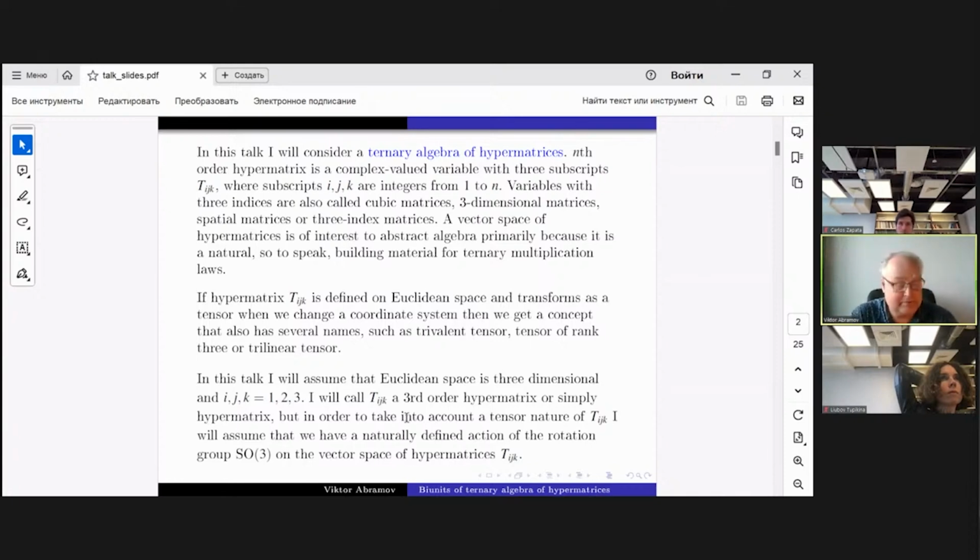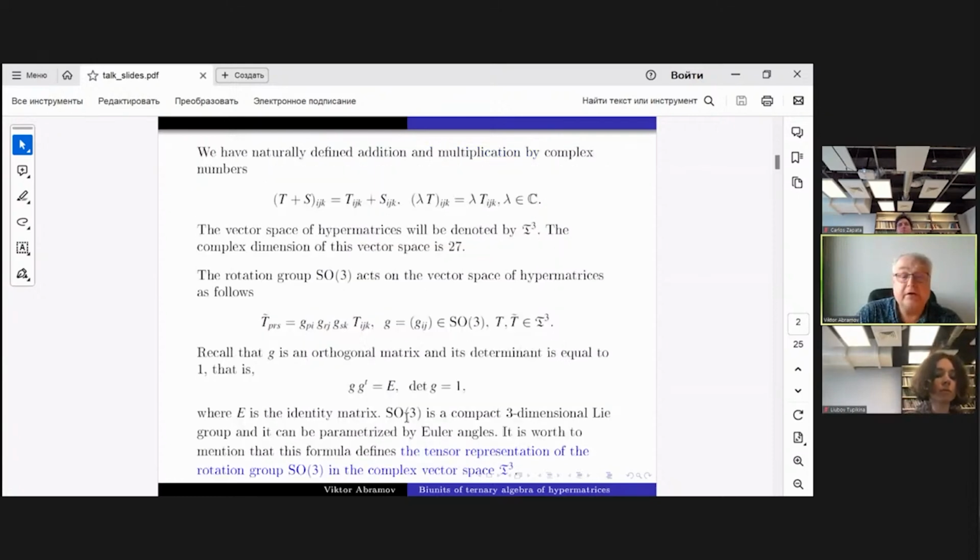But I will also assume that it's a tensor, so when I have a change of coordinates, it transforms according to the rotation group, and this is shown on the next slide.